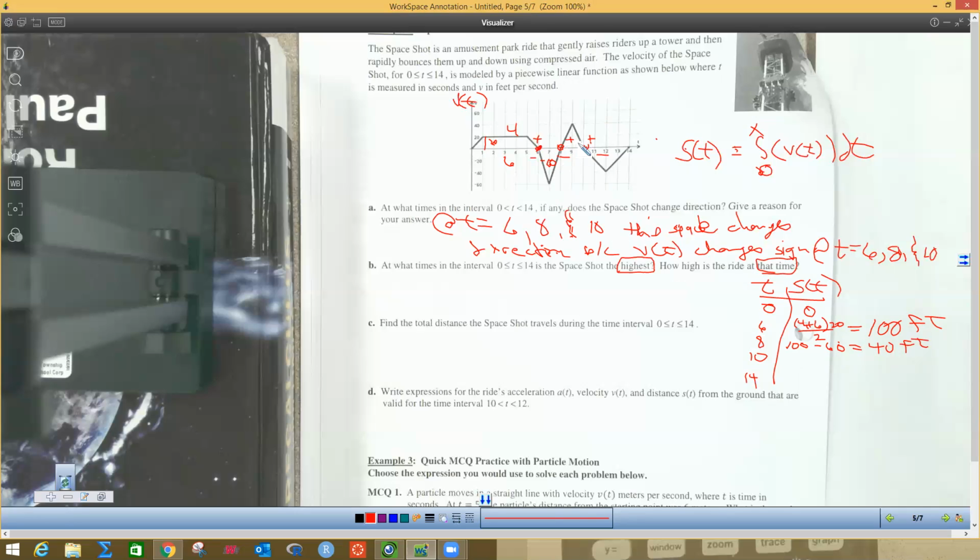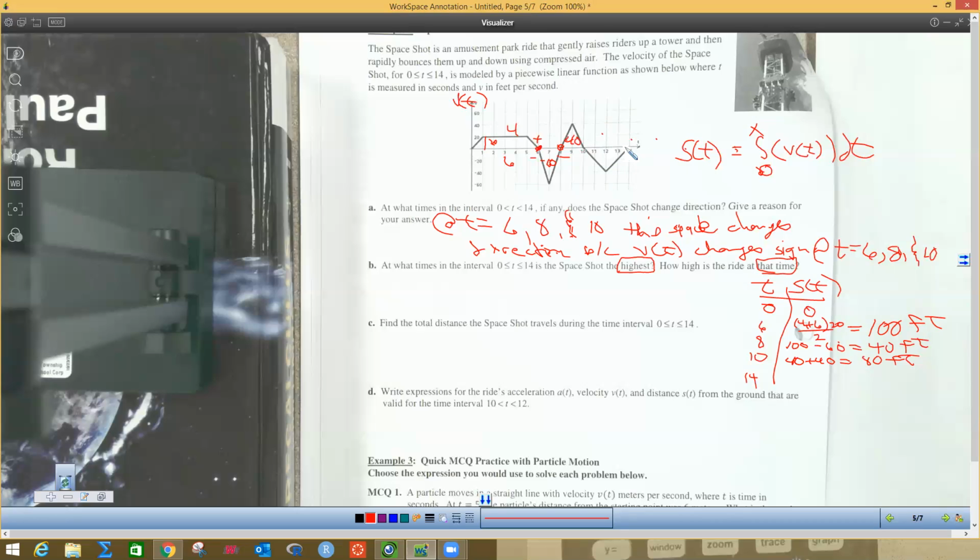And then we're going back up again because velocity is positive. So this is 2 times 40, which is 80, and half of that is 40. So we got to take 40 that we were at here, and we're going up 40 feet higher, so we're now going to be at 80 feet. And then last, we're going to go down, so this is not going to be the minimum, but we're still going to calculate it.